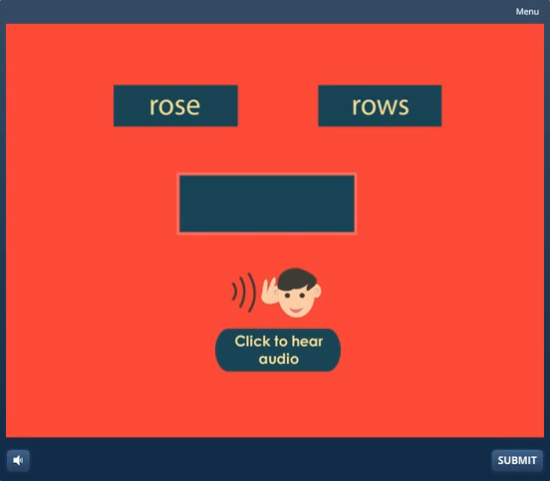Listen to each sentence. From the pairs of homophones given, choose the correct one.